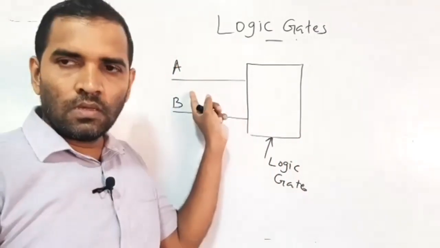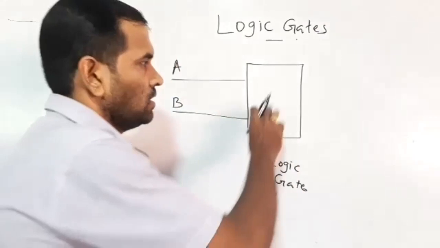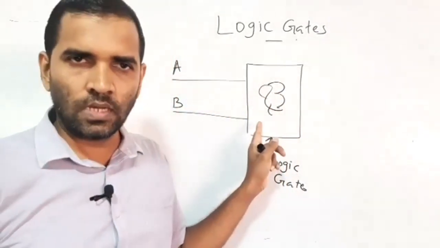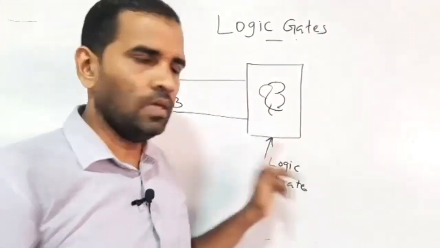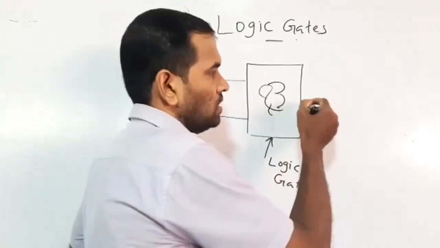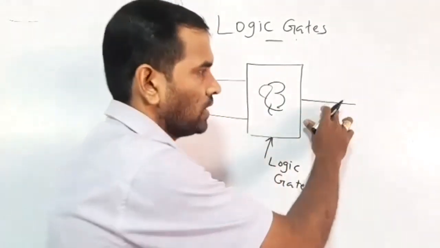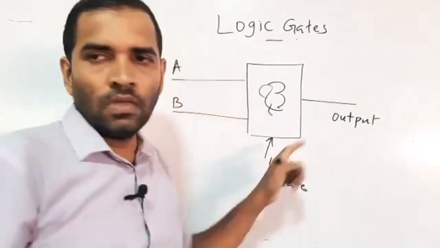When electricity is supplied through these 2 wires, something happens inside. We don't know what happens yet; later we will discuss it. As a result of that function, there will be an output. This is also a wire, the wire for taking the output.